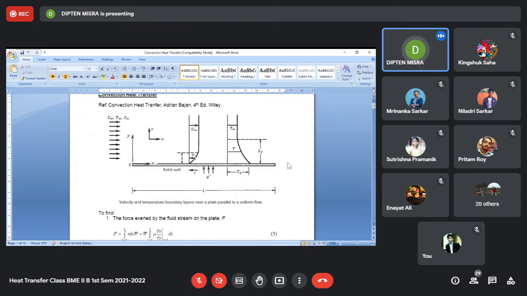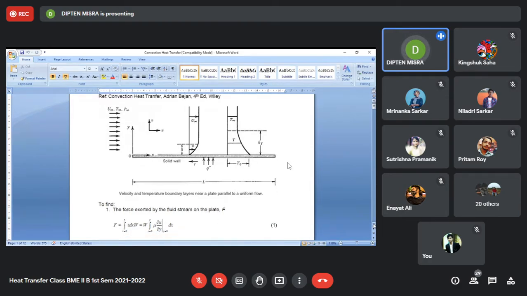May be subject to known temperatures on the wall, may be subject to convection condition on the surface of the wall, and that convection coefficient is known. But in this fluid convection heat transfer problem, we are interested to find out what is the value of H. Now the question is, how do we find out the value of H? That is what we would like to find out.